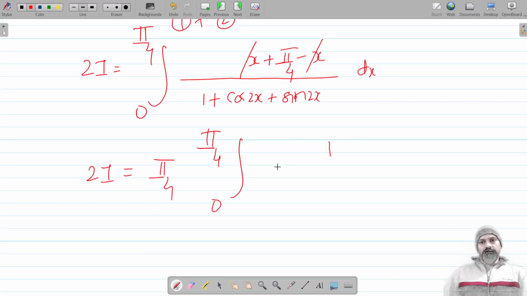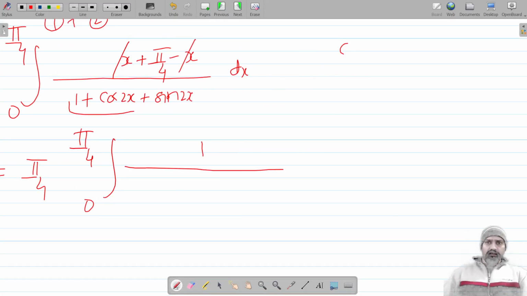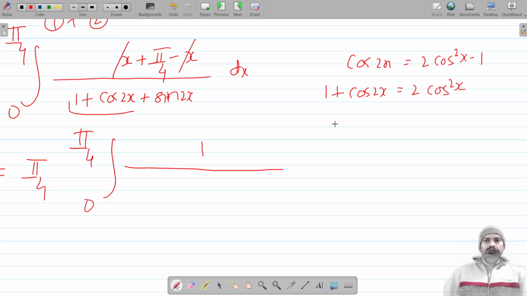Now this 1 plus cos 2x. We all know that cos 2x is equal to 2 cos square x minus 1, which becomes 1 plus cos 2x is equal to 2 cos square x. So instead of 1 plus cos 2x, we can write 2 cos square x plus sine 2x.